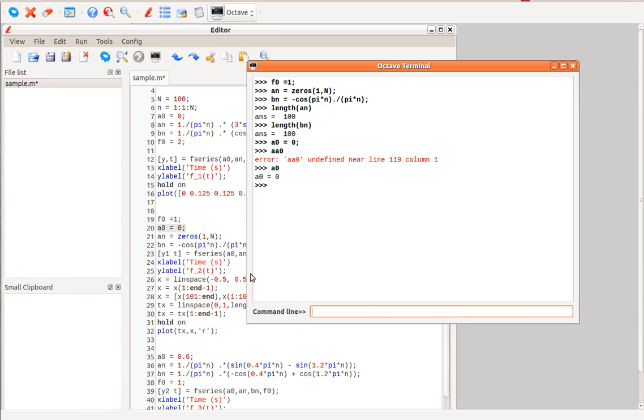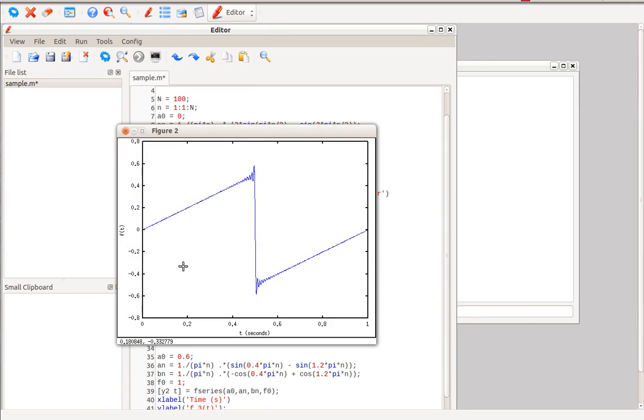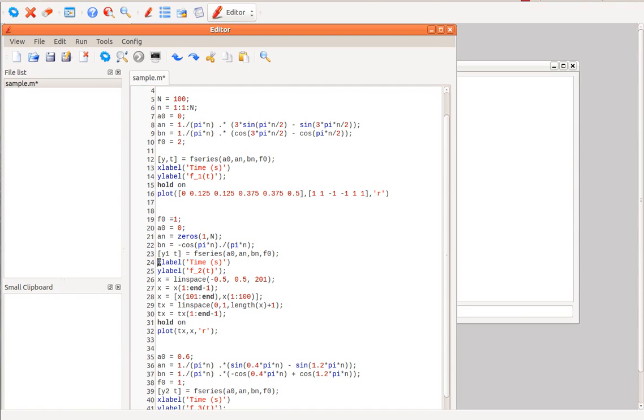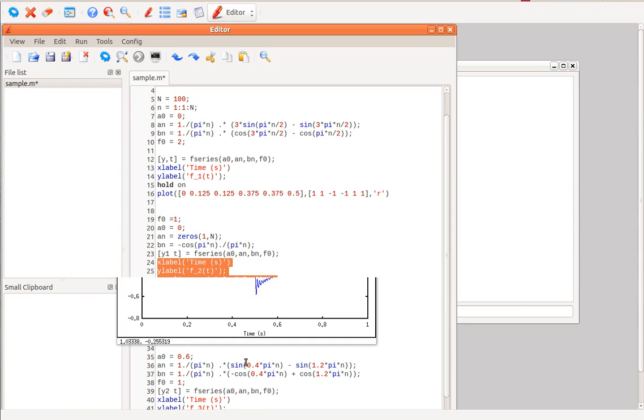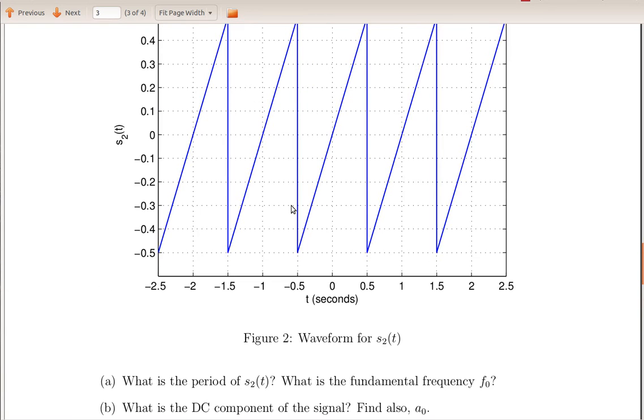Okay, so given that, let's continue and evaluate the function. Okay, so there it is. Let's label it and do all the other things as well. So you see the red line is the theoretical. That's basically a reconstructed signal that I built to represent the original signal here over one period, between 0 and 1.